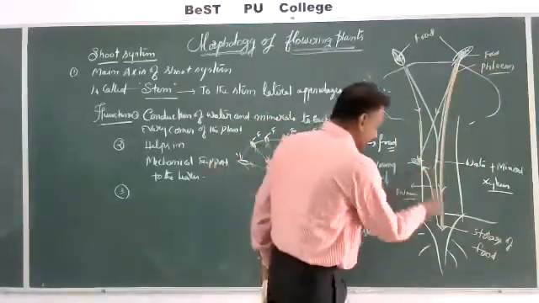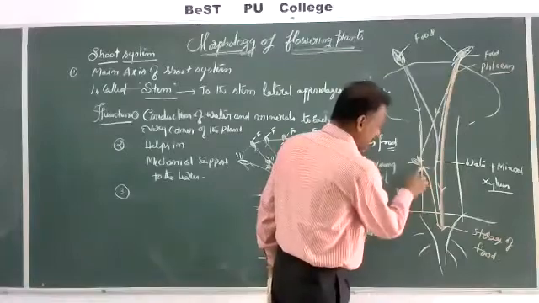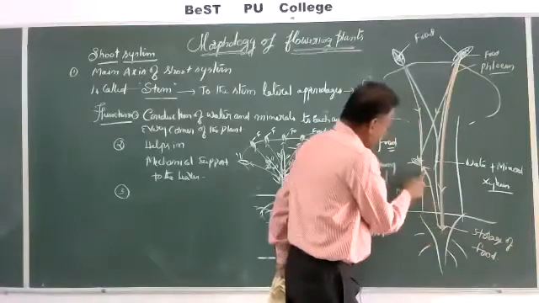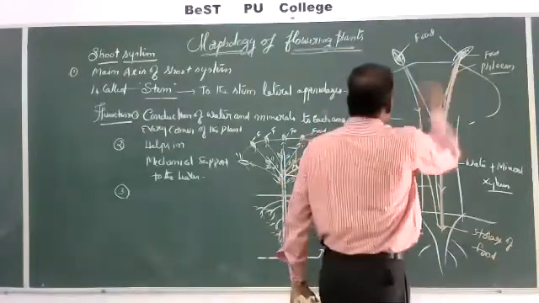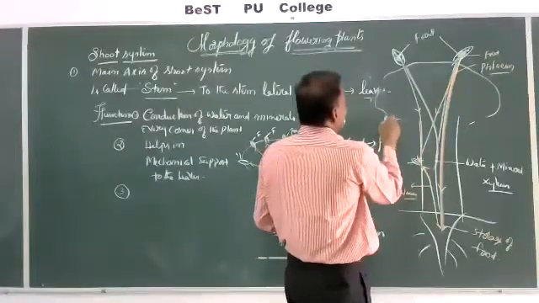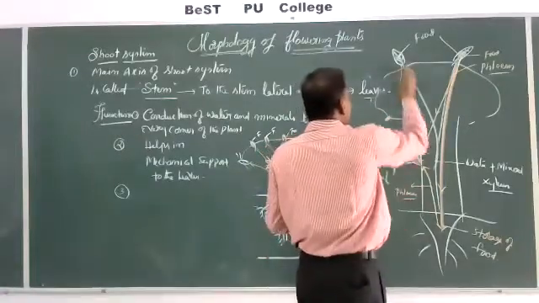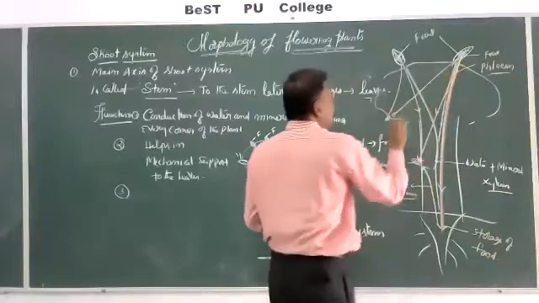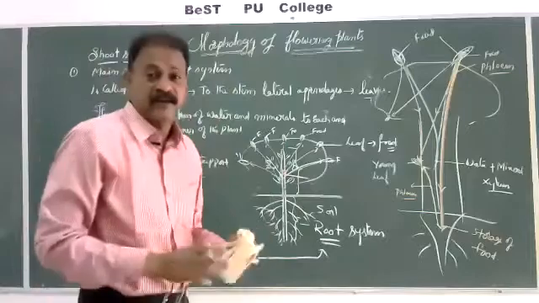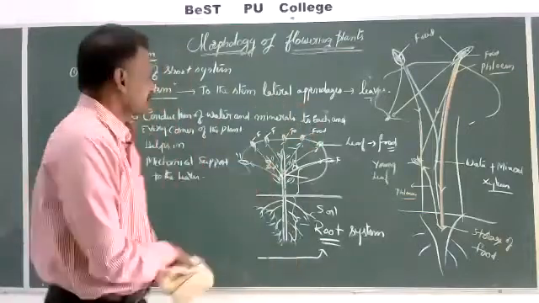It may move like this from here, come here in one direction, and from here again go this way. Or if any new leaf is going to form here, it will supply the food from here or here. So there is bidirectional movement of food material through phloem.